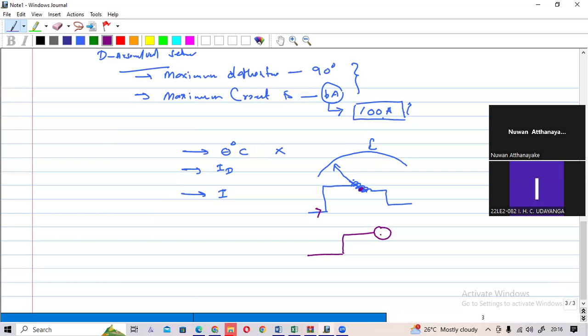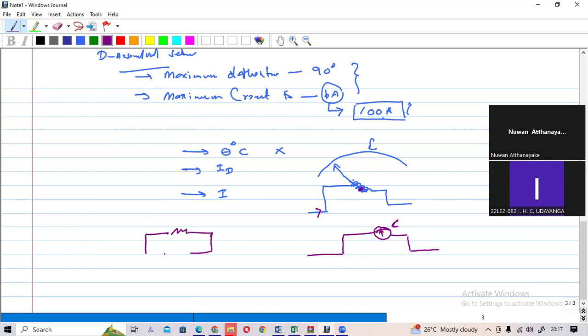I just drew it somewhat small. This is the diagonal setup. Now if you want to measure the current, let's say that you have a circuit like this.